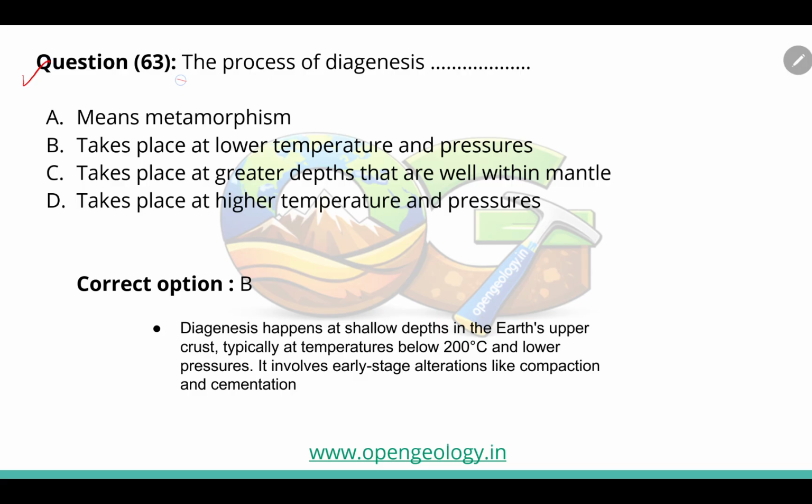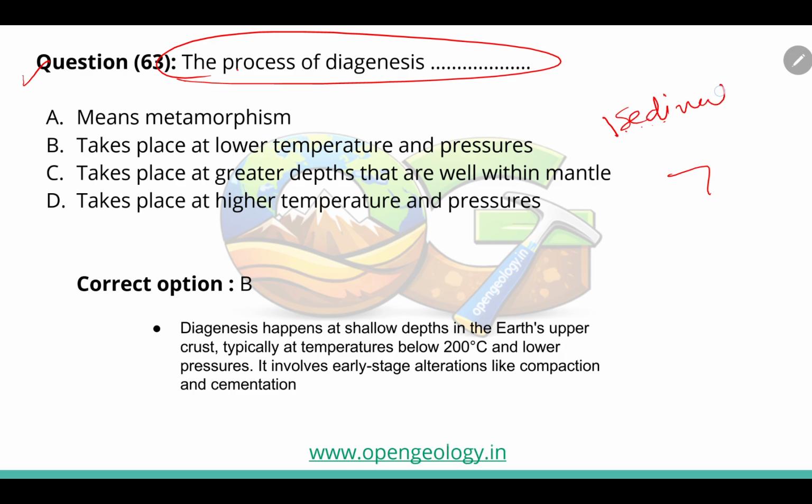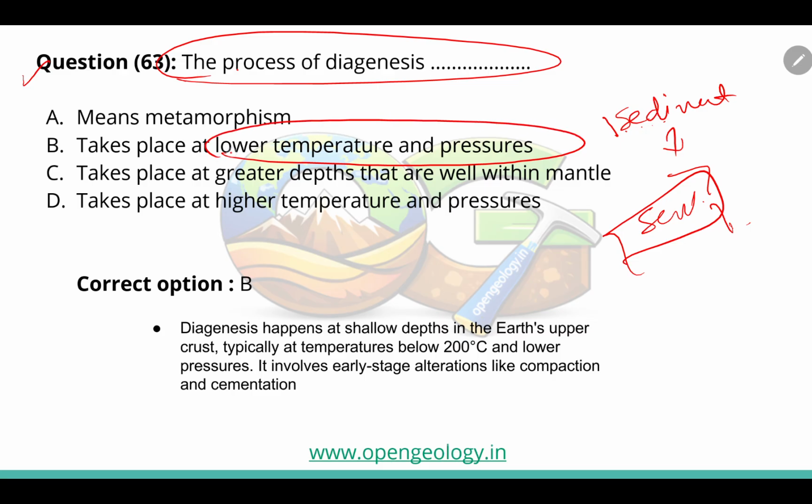Now another question is the process of diagenesis. So do you know what diagenesis is? It is the change from sediment to sedimentary rock. That is why the temperature and pressure are lower.